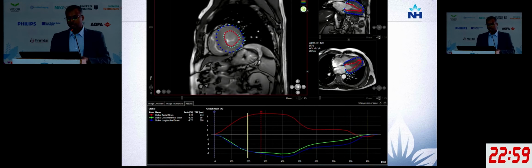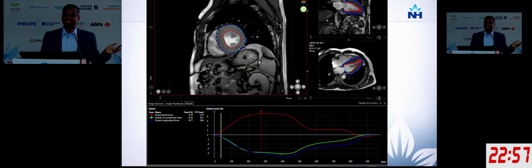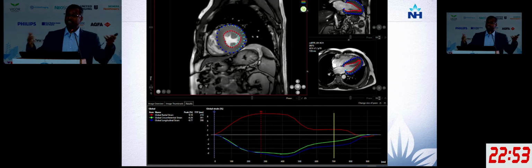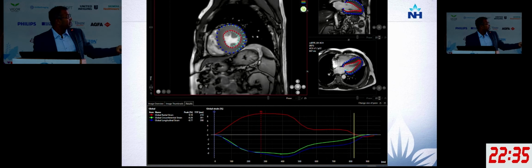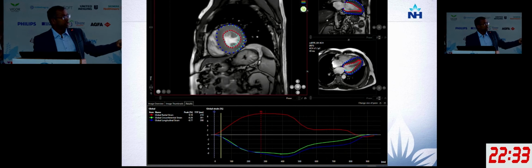So this is what we talk about with strain imaging. Basically, you don't have to do any new sequences. It's purely a software thing where you have the short axis, the 2-chamber and the 4-chamber. In the 2-chamber and 4-chamber, you get a parameter called the global longitudinal strain or GLS, while you also get circumferential and radial strain, which come from the short axis.